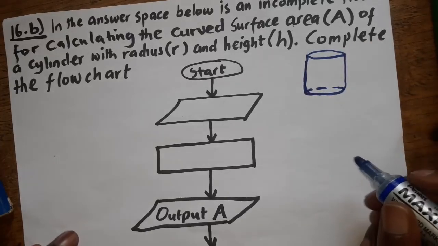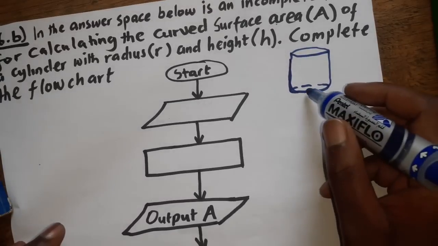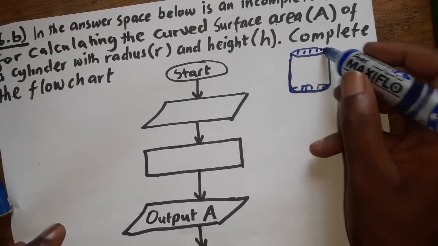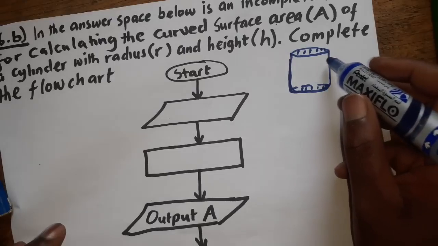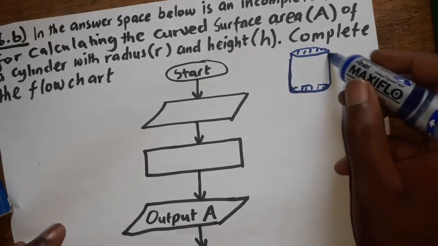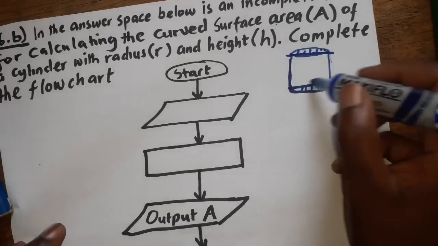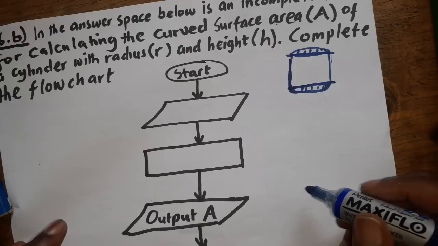Something like this, okay? So what we mean by the curved surface area, we do not want the bottom part, even the top part should not be there. We want the middle, that's the curved surface area, isn't it?